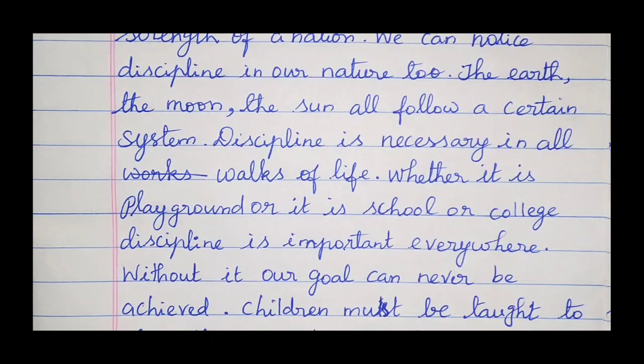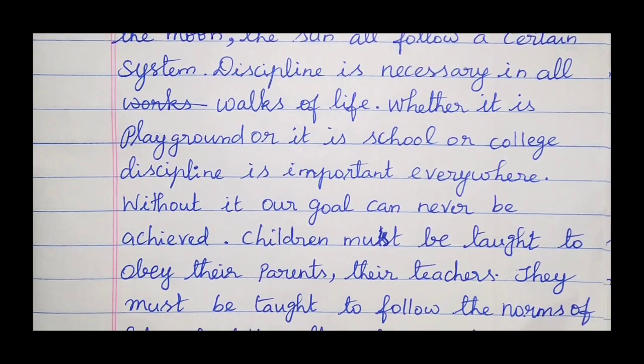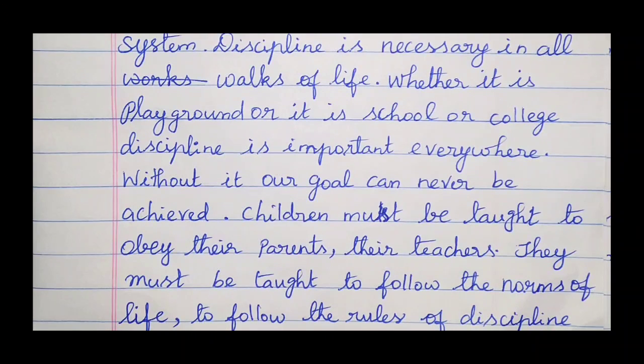Discipline is very important everywhere. Without it, our goal can never be achieved.